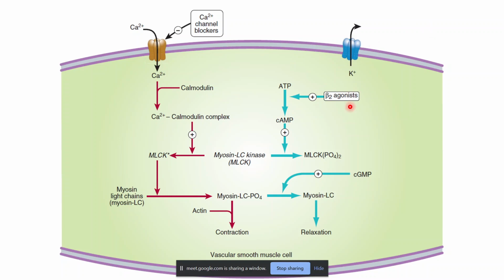And the fourth is increasing cyclic adenosine monophosphate in vascular smooth muscle cells.